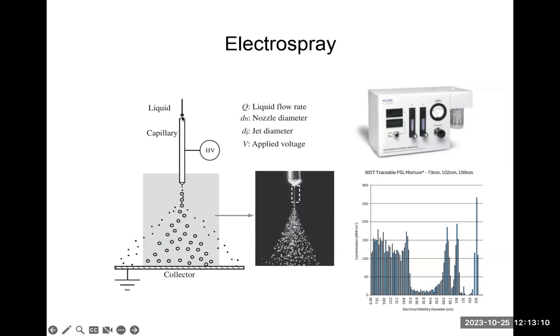The liquid needs to be conductive as well, with a certain magnitude of conductivity. At the other side, the aerosol collector, or the section where you guide these aerosols out, will be grounded.